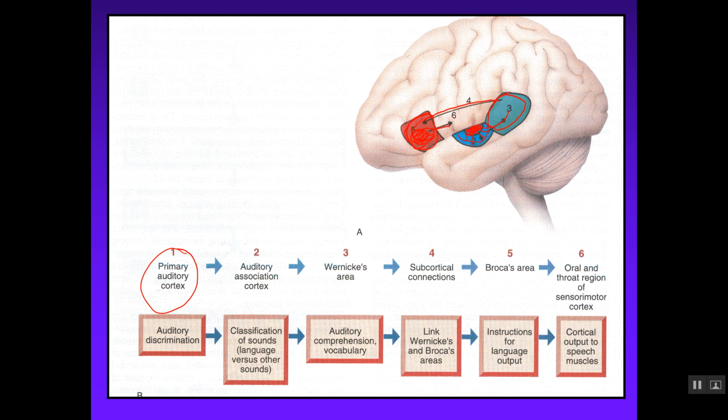Then that information is sent to your primary motor area for the muscles of your face, tongue, larynx and pharynx to actually produce that speech. And that's the process that occurs there. If you have damage anywhere along the way in that process, you're going to have some kind of communication deficit. Okay?